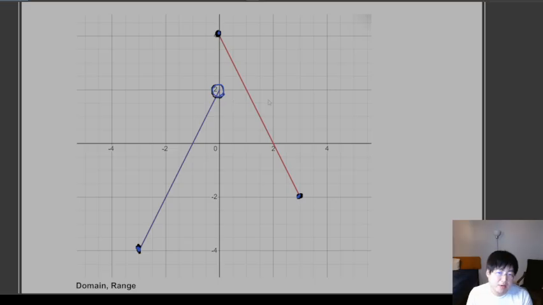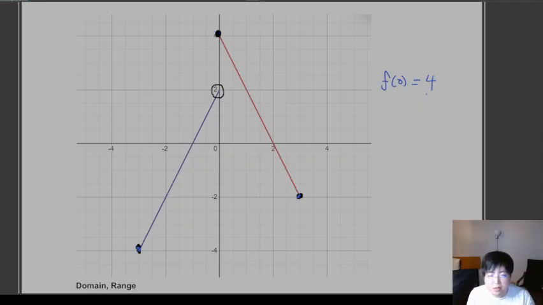So if I call this function f, then f of 0 is not defined at 2, but it's defined at 4, okay? Another way to say it: when x is 0, where should I look? Not the empty circle. I need to look at the shaded circle, okay? So f of 0 is 4, not 2.